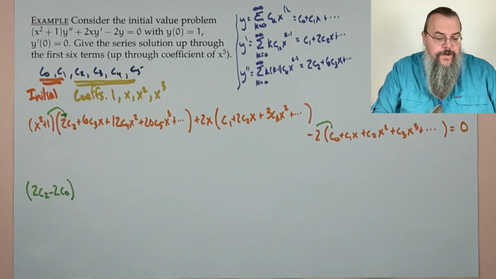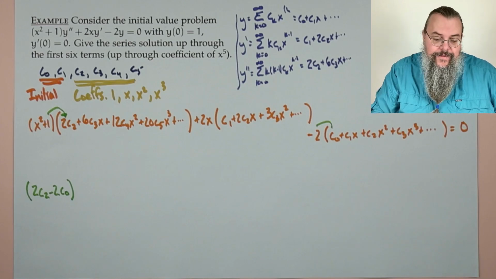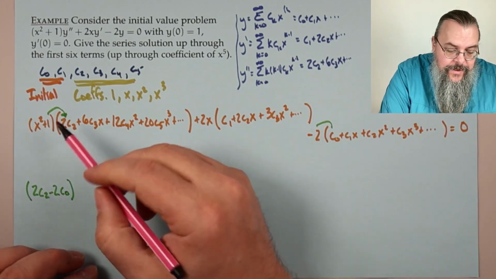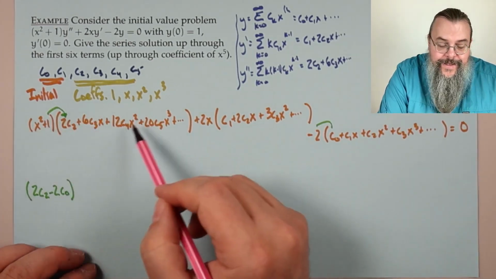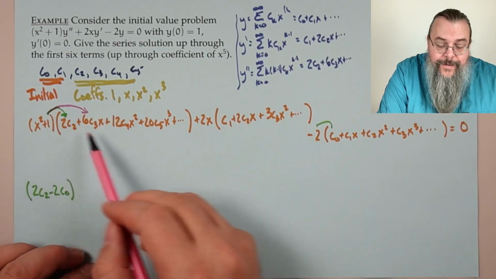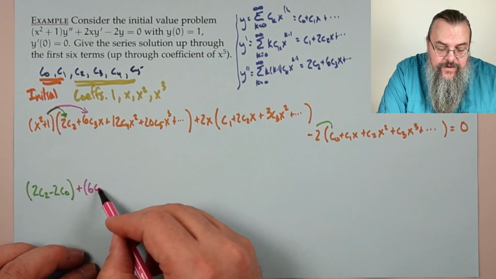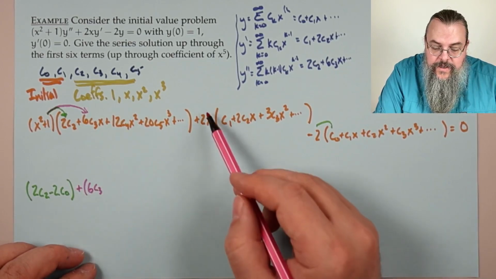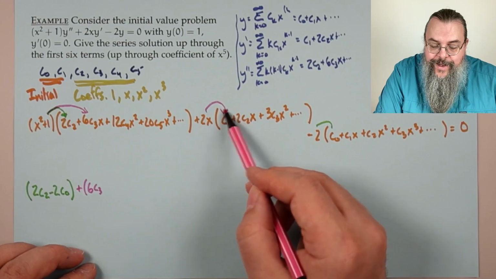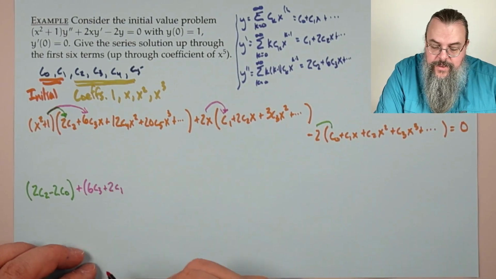All right, let's go to our next, which is our x. The x squared times the constant is not going to get us an x, but here, 1 times 6c3, that'll do it. So 6c3. Then 2x times c1, so plus 2c1.